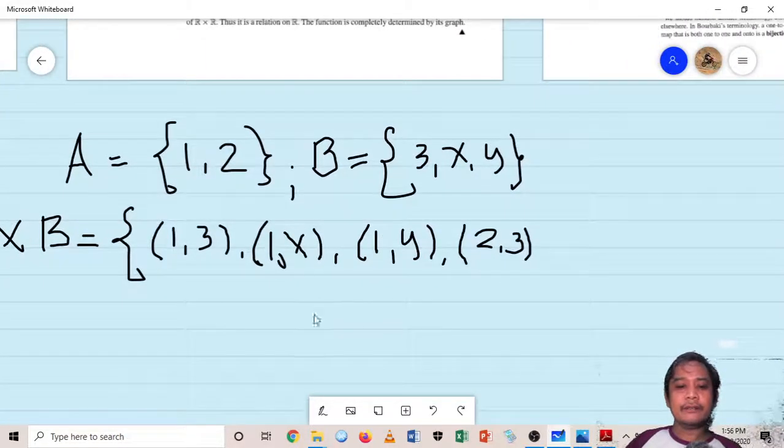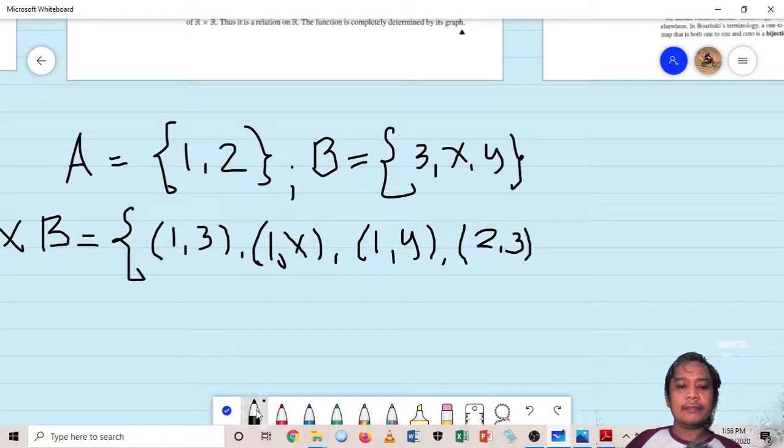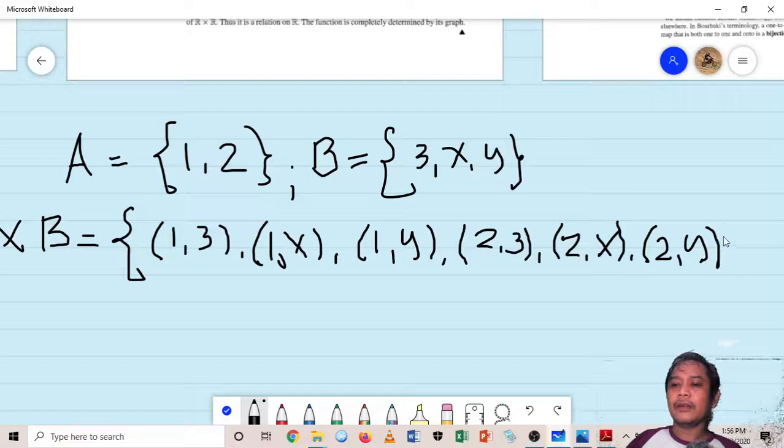Next we have 2, X, and 2, Y. Okay, so these are the only ordered pairs that can be formed if the first components are found in A and the second components are found in B. So all in all, there would be 6 elements in the cross product.